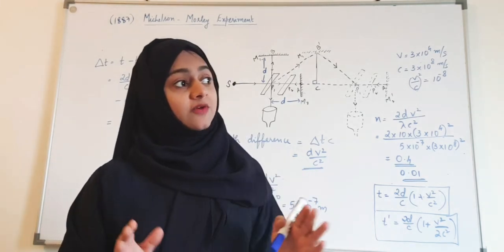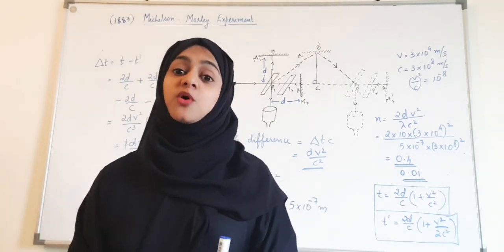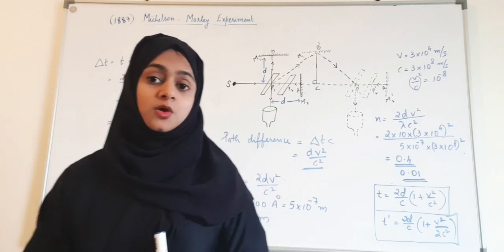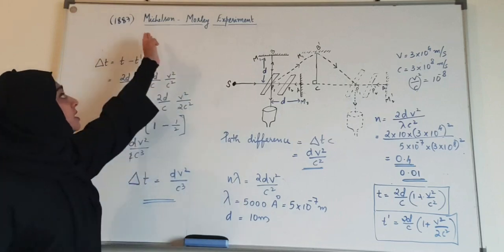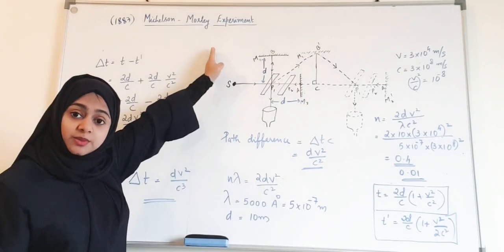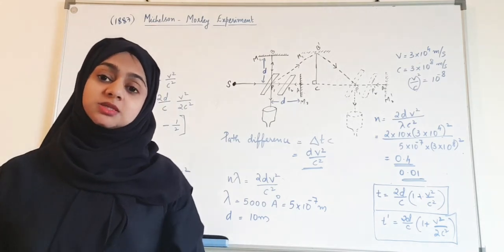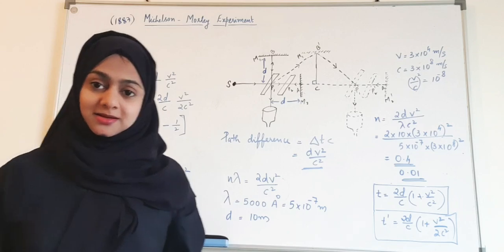Light will have a constant velocity irrespective of the frame of reference with which it is measured. So these were the two important consequences of the Michelson-Morley experiment, and it set the stage for Einstein's special theory of relativity, which will be discussed in the next class.